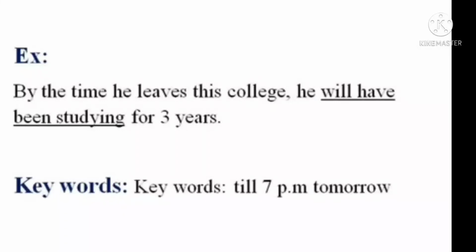Do you understand? So that is future perfect continuous tense. The keywords are till 7 p.m., for 3 years, by this time tomorrow, etc.